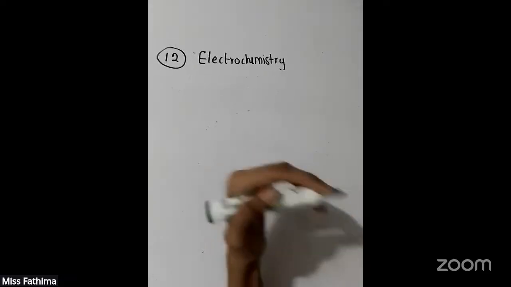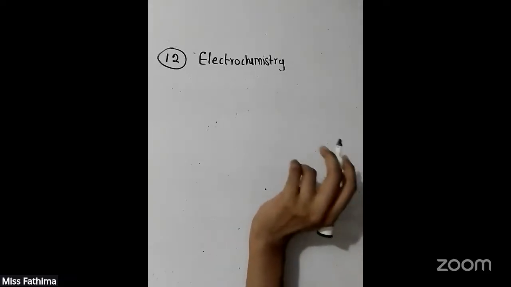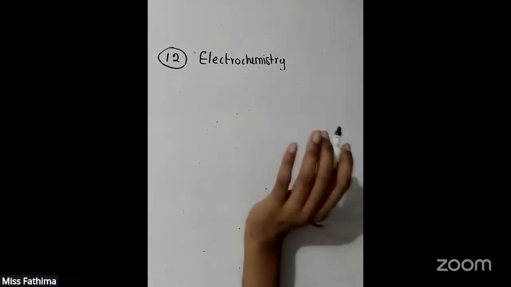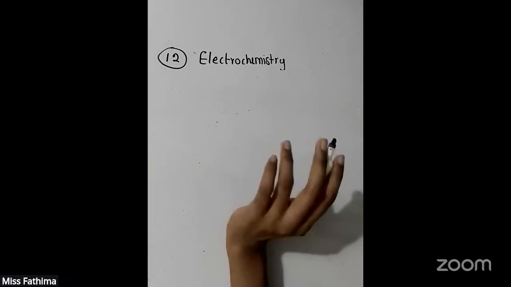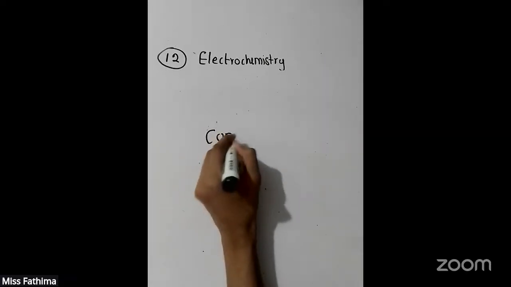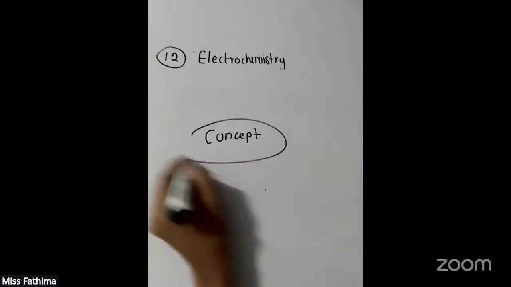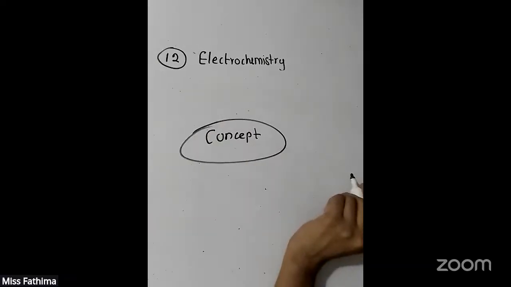That is how you have to study chemistry. Nothing to memorize. You have to understand the concept. The concept should be clear for you, and you shouldn't have any doubt. So we'll start.